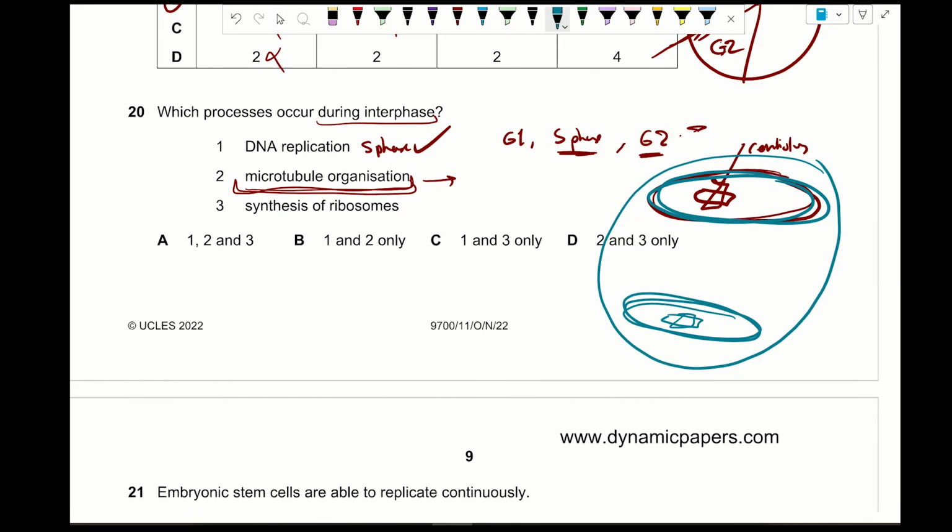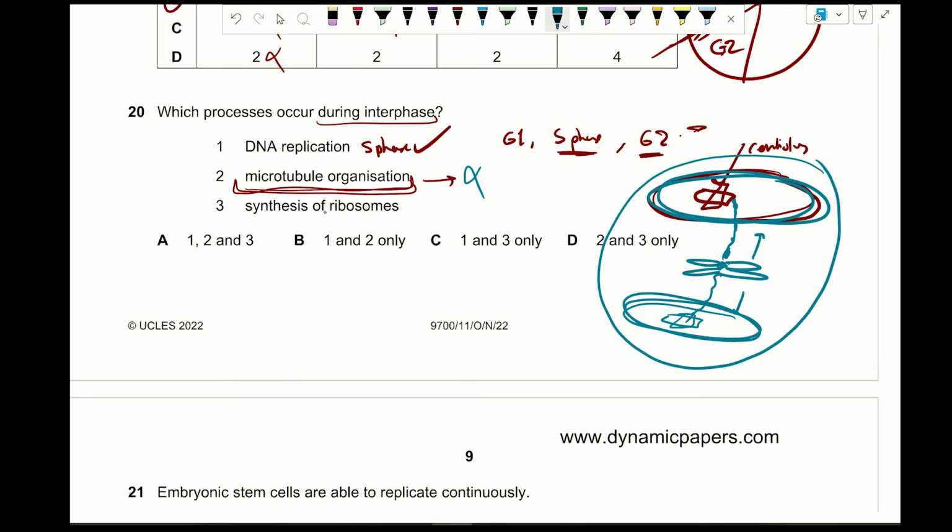These centrioles produce the microtubules. Let's assume that this is the spindle fiber. So the centrioles organize microtubules into a spindle, which attaches to the kinetochore of a chromosome, pulling them apart during anaphase. Therefore, this is incorrect.